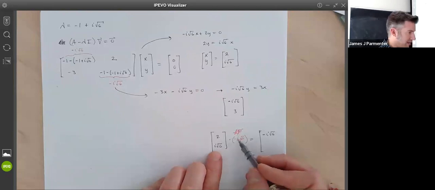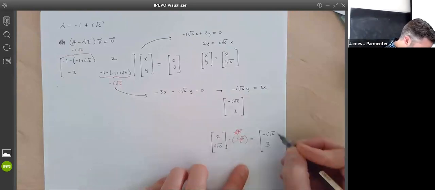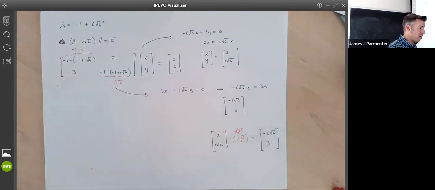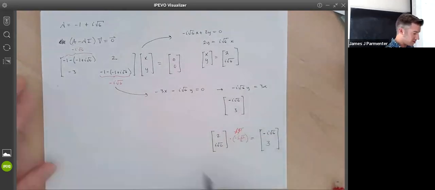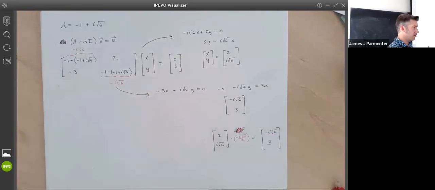And then i times negative i is negative i squared, which is negative 1, which is 1. So this bottom part here really is 3. So they're both multiples of each other, which makes sense because they are both eigenvectors. So either one is a valid choice. So I just wanted to reassure you that you can use either equation and it's going to work out just fine. So if one of them looks particularly easier than the other one, I would say use that one.